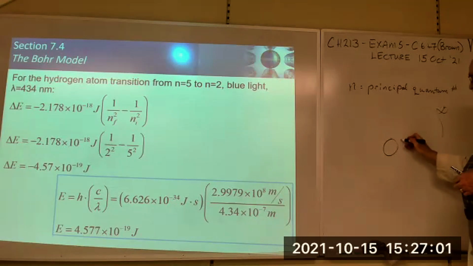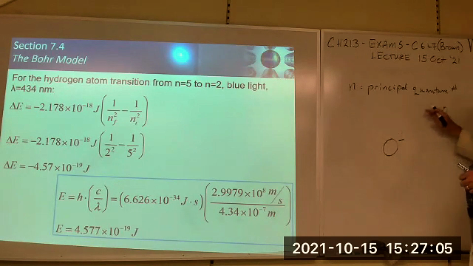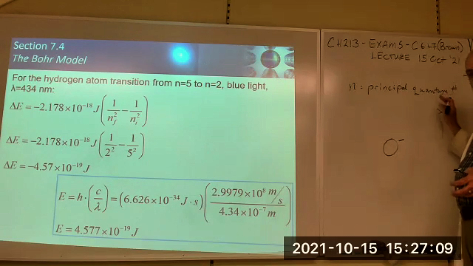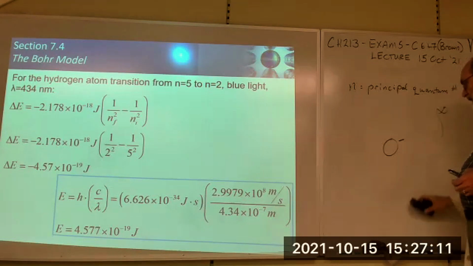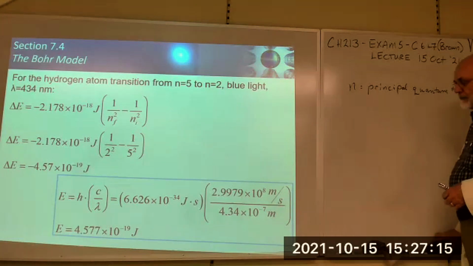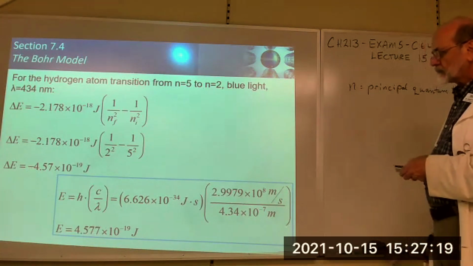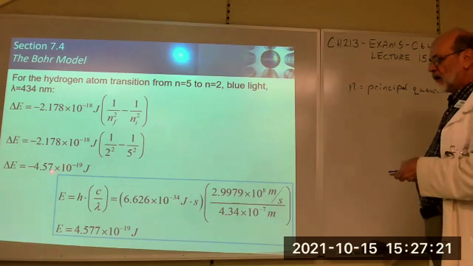So if this is more negative, then you add energy and it decreases that negative value until you get to infinity, and your energy is 0 relative to the atom. Then you have an ion or a free electron. So that's why the value here is negative. The more negative, the larger the jump.